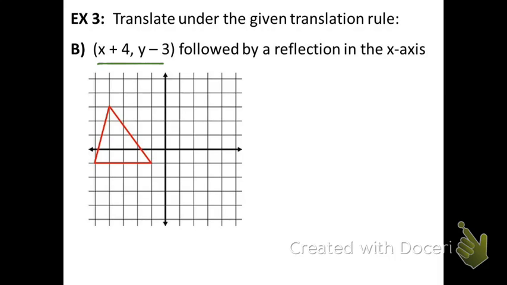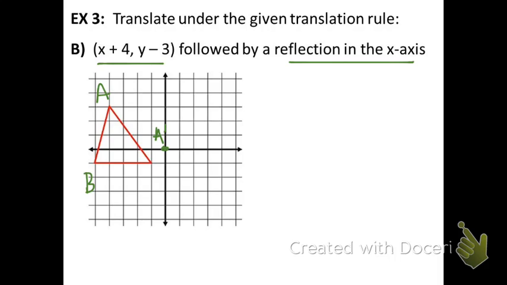We're going to use the translation rule, and then we're going to reflect in the x-axis. So I'm going to start first by doing the translation rule. I'm going to move each point forward 4 and down 3. So I'm going to call this A, and that puts A prime right here.